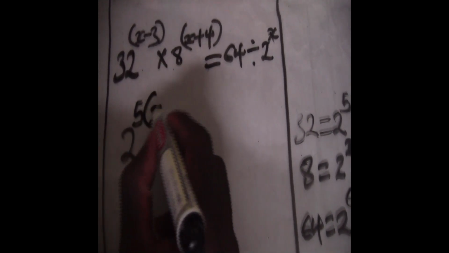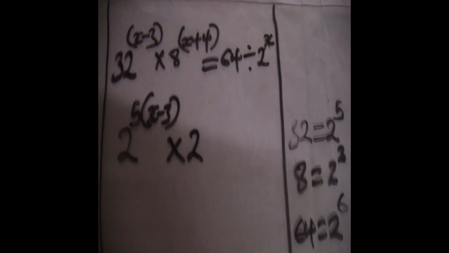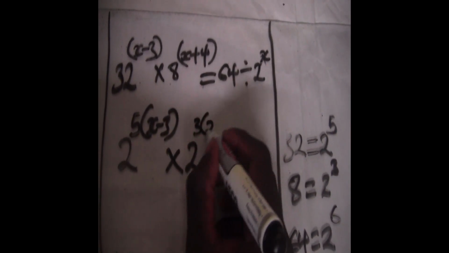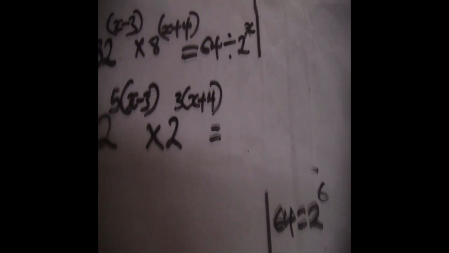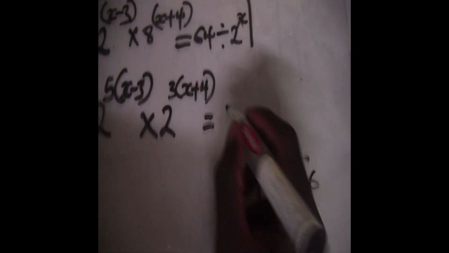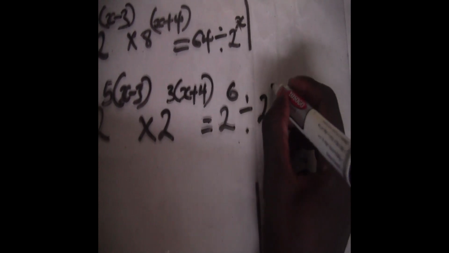So it's 2 raised to power 5 x minus 3 times 2 raised to power 3 into x plus 4 is equals to, we'll create some space here, we said 64 is 6, so it's 2 raised to power 6 divided by 2 raised to power x. So we have that question.